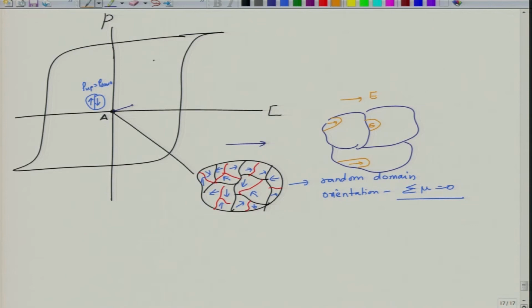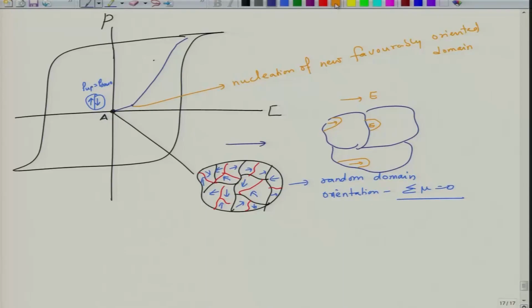So at this point we will have nucleation of new favorably oriented domains, okay. And up to this point, up to which all of them are oriented, they will keep increasing in size at the expense of old domains.